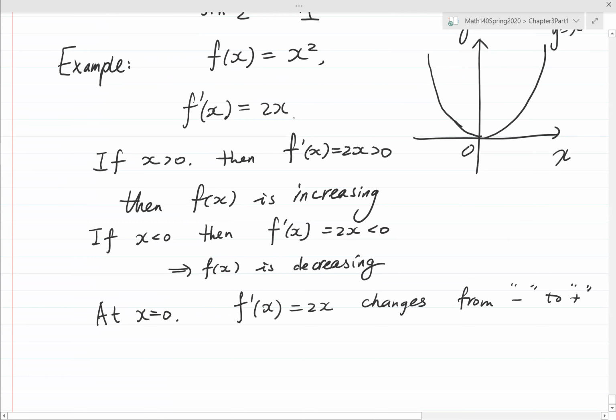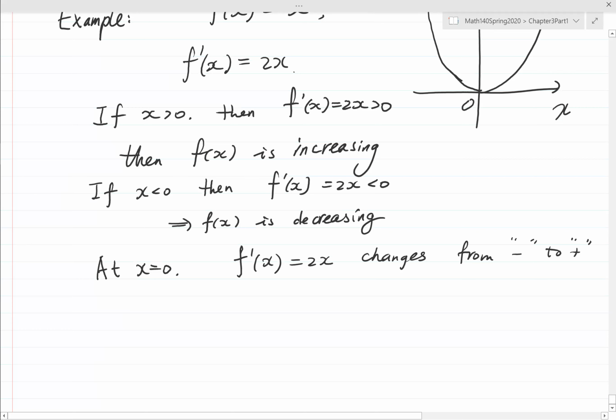So this means by the first derivative test, f(x) changes from negative to positive. Then we can conclude that the function achieves a local minimum. Then f(x) attains a local minimum, this is also of course global, at x equals 0. Okay.